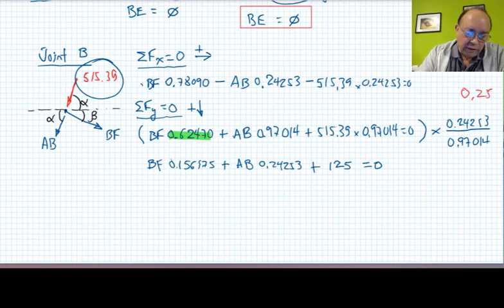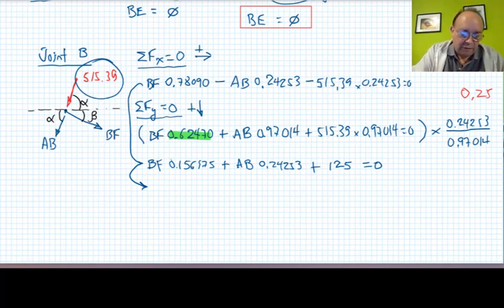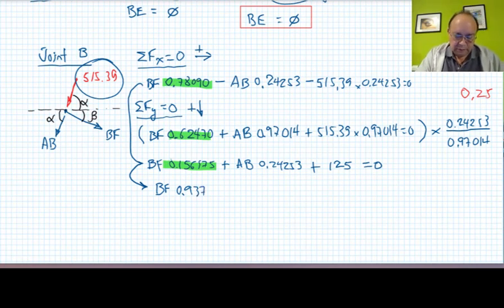So now we add this equation plus this equation and we get BF 0.709 plus 0.156 equals 0.937075.